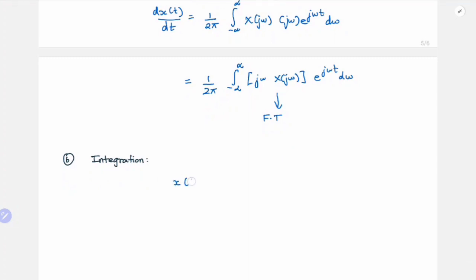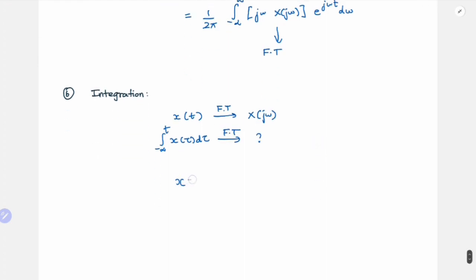If x of t has a Fourier transform of X of j omega, then what about the integral from minus infinity to t of x of tau d tau? First, x of tau, if we write it in the form of inverse Fourier transform, we have 1 by 2 pi integral minus infinity to infinity X of j omega e power j omega tau d omega, right?